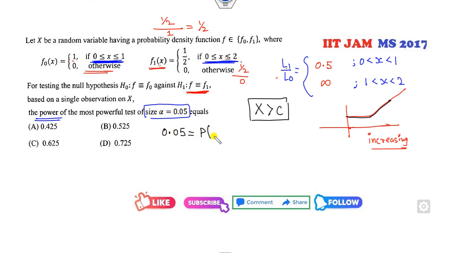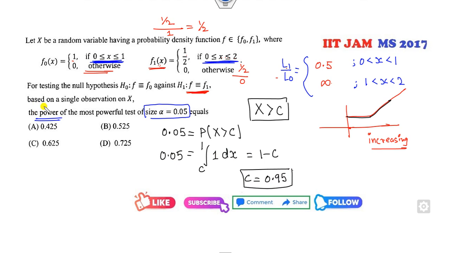So can you find the probability of x greater than C under the H0? That means the integral from C to 1 of 1, so it is 1 minus C, equal to 0.5. So can you find the value of C? It's 0.95. Then what is the power? Probability of x greater than 0.95 under the H1.